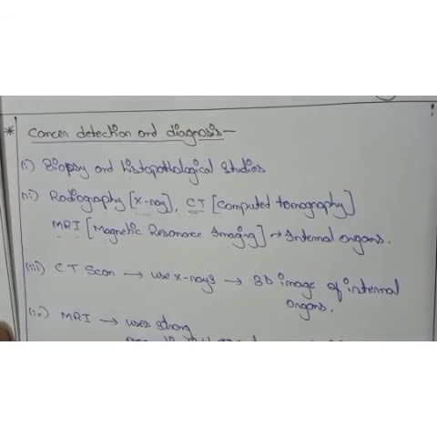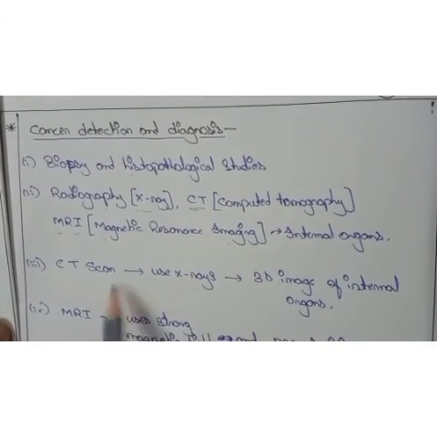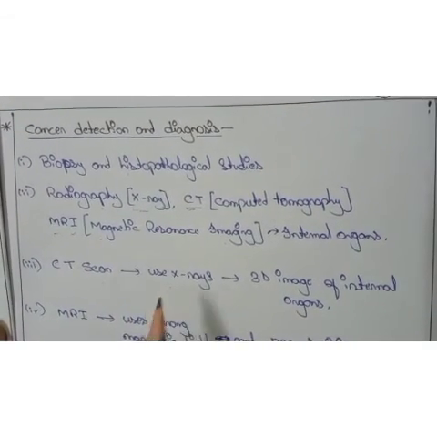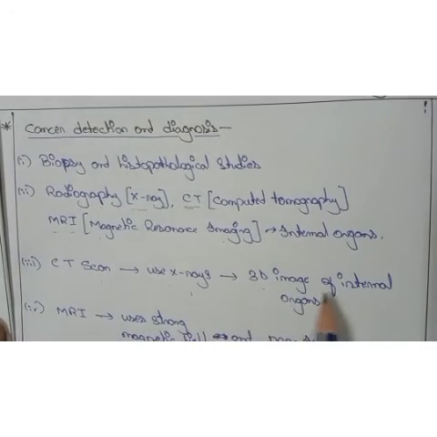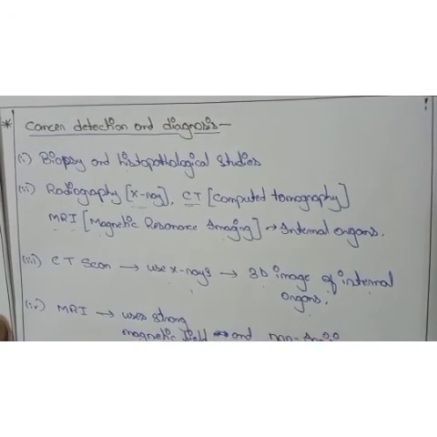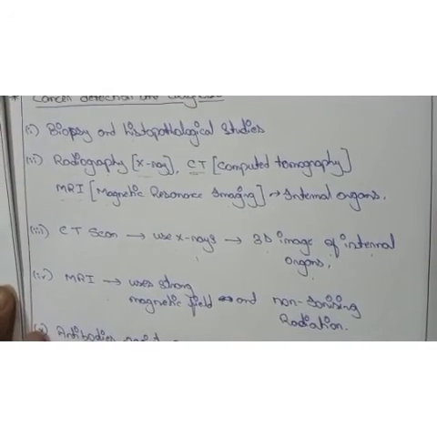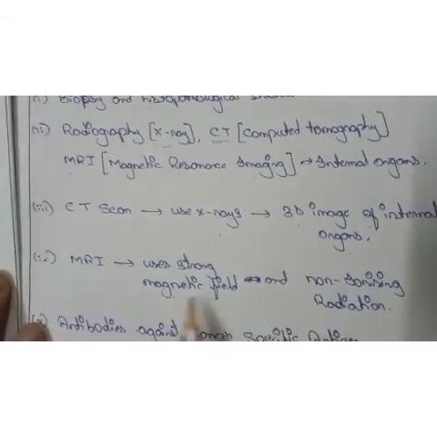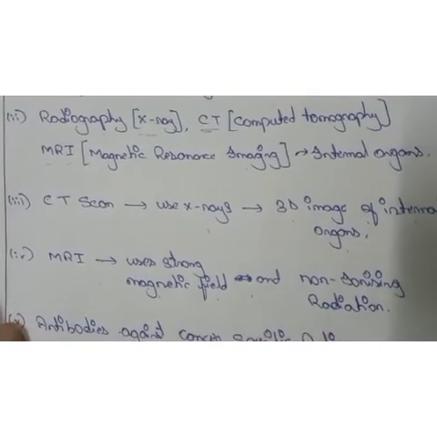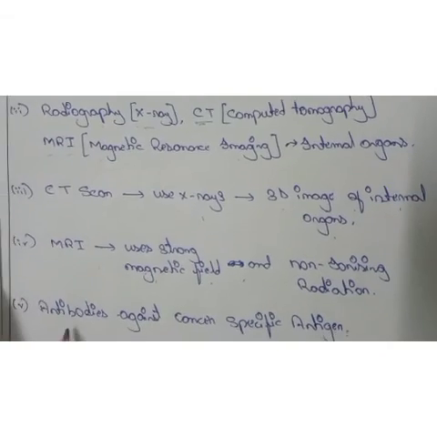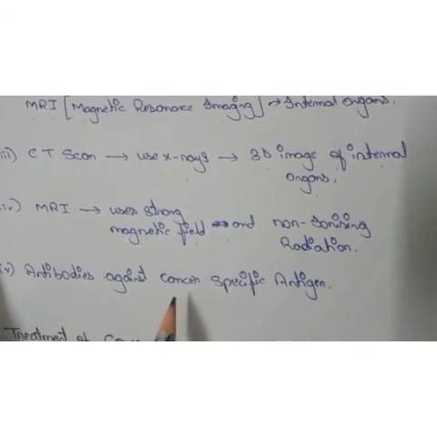CT scan uses X-rays to make a 3D image of internal organs. MRI uses a strong magnetic field and non-ionizing radiation. Also antibodies against cancer specific antigens.